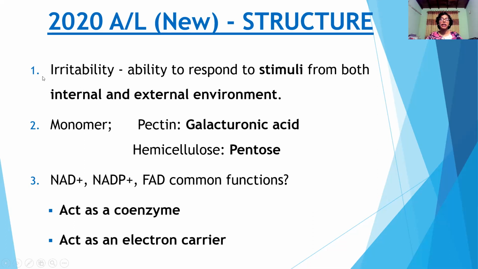Now you can understand that mostly your structure first question is based on unit 2. So it is very important for you all to keep in mind that you should remember the initial units as well. So mostly unit 2 questions are the first question. So first question, A part is: what is irritability?